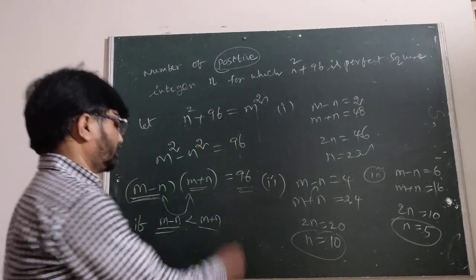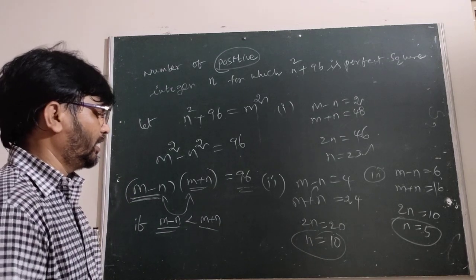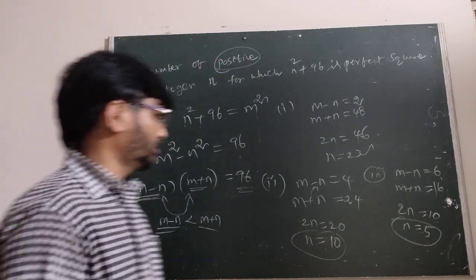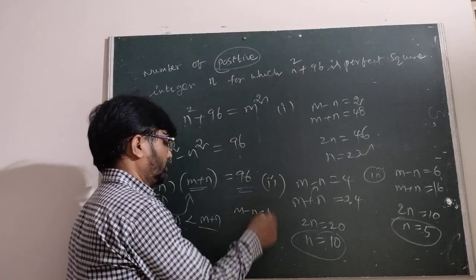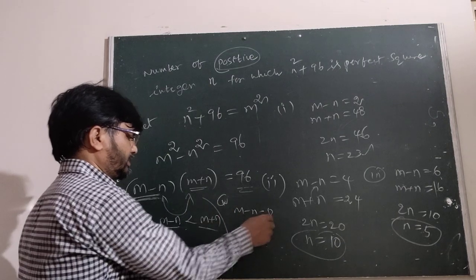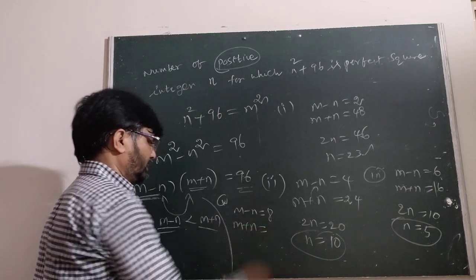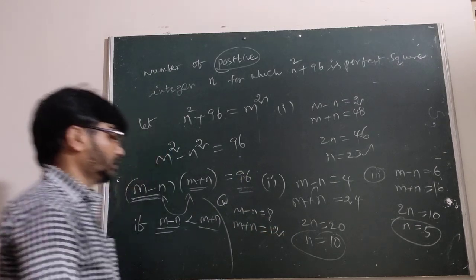Now another case, we are going to another case. m minus n is 8. Suppose m minus n is 8, then m plus n must be, 8 1s are 8, 8 2s are 16.